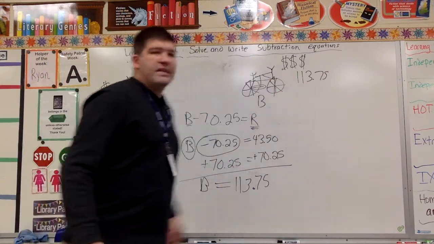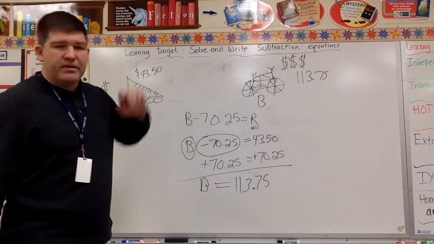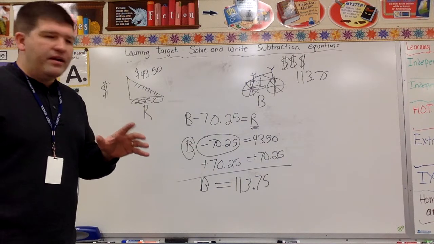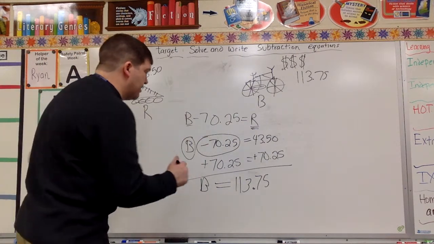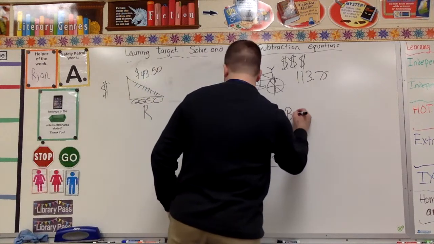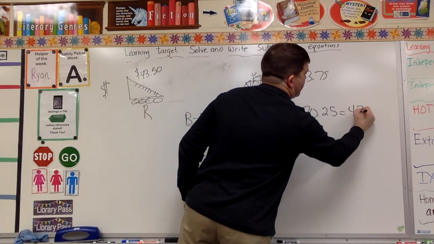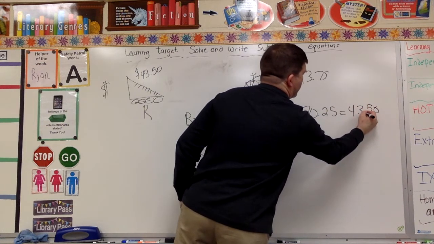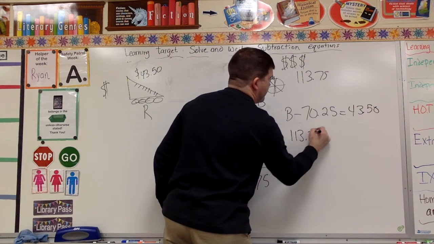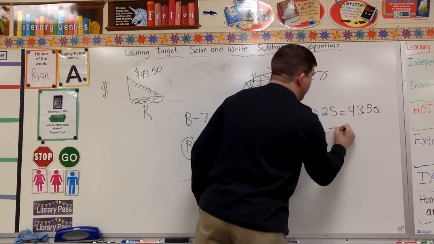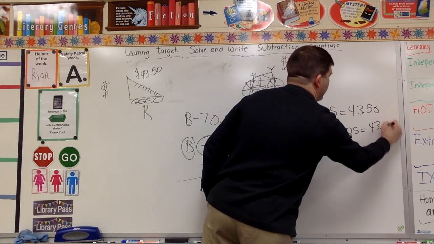Is 113 more than 43? It is. It's a lot more. Okay? So I'm good there. And I'm going to put it back into this equation just to make sure. So if B minus 70.25 equals 43.50, I replace B with what I think it is, 113.75 minus 70.25 equals 43.50.